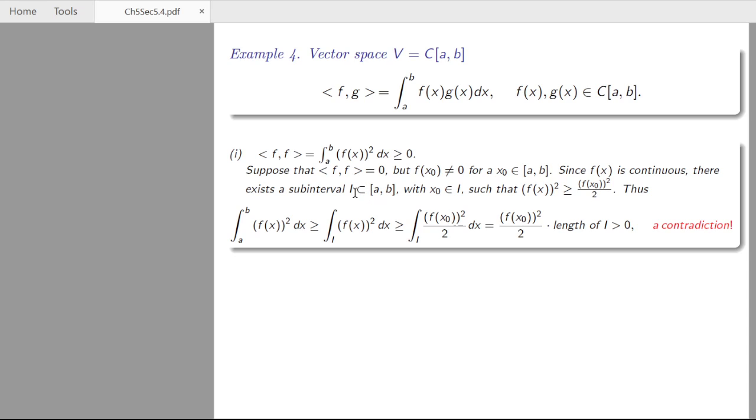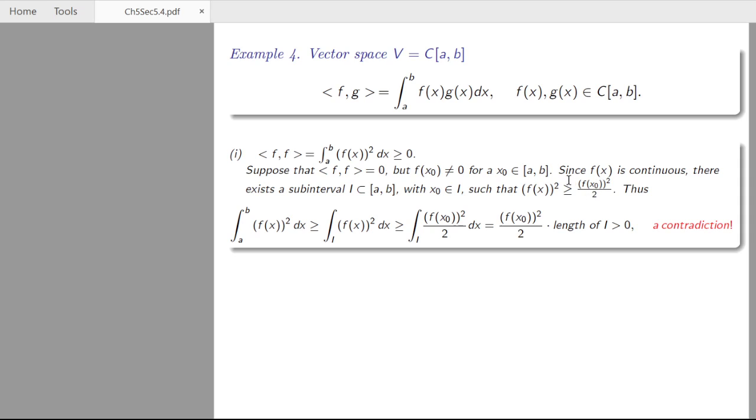Let's call this subinterval I, with x0 inside this interval I. Because f(x0) is not 0, we can get a very small neighborhood in the interval from a to b, so that f(x) squared is greater than or equal to half of the square of f(x0).